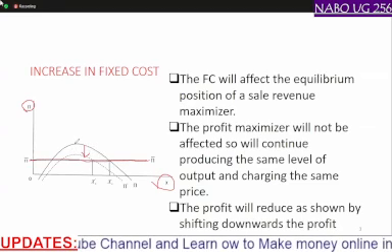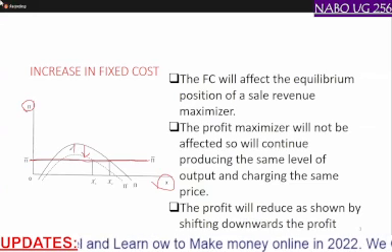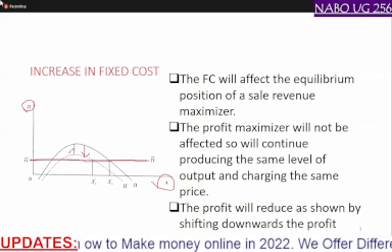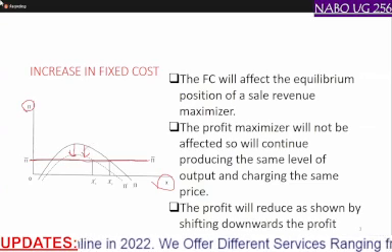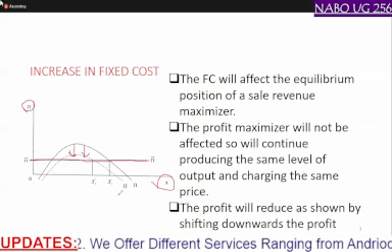So the profit curve will shift inward. I've only copied the profit curve from the above diagram, which we used last time. I've not drawn the entire diagram.